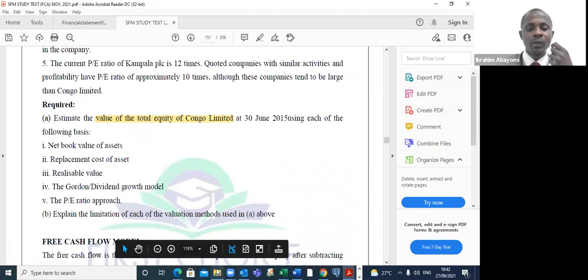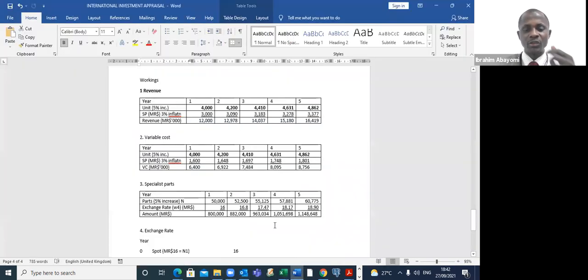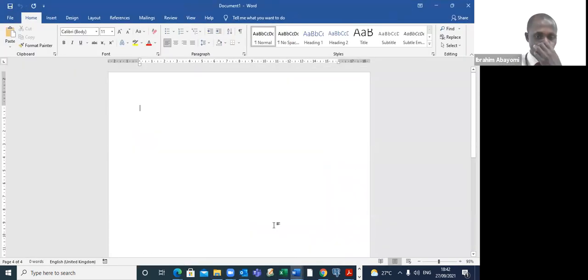Now, let's go. Have we done anything on business valuation before? No? We have not. So let me open a new sheet: Business valuation. Let me increase the font so that we can all see clearly. Is that fine?